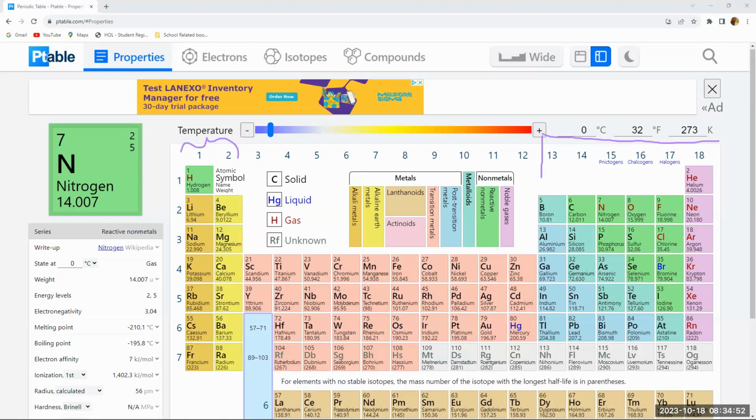So in the case of carbon, nitrogen, oxygen, and fluorine, all of these guys are going to try to be like neon. So they're going to try to gain electrons to be like neon. And so they're going to be called isoelectronic to neon.